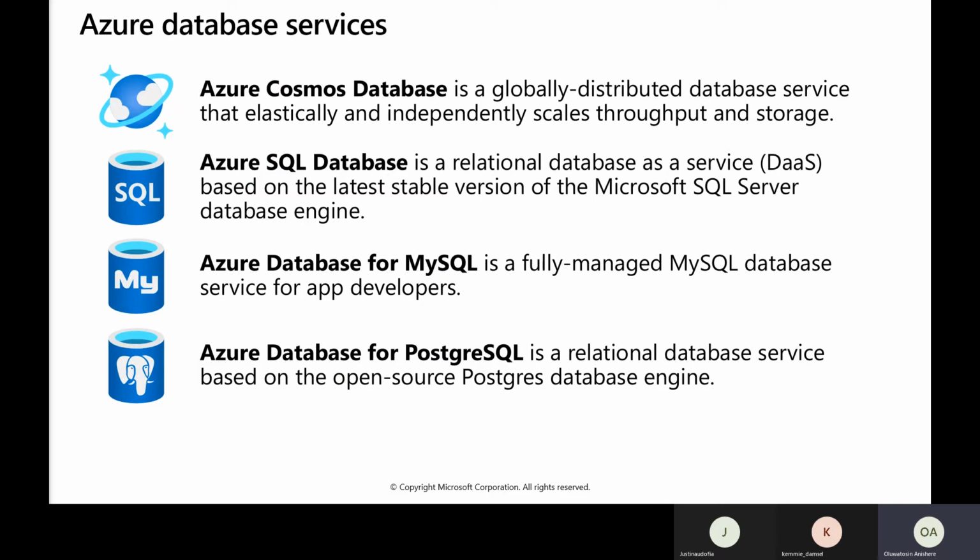Now for Azure Cosmos DB, this is actually a database service that is globally distributed, just like what we have here on the screen. So it allows you to manage your data even if that data is scattered, like it's in different locations throughout the world, or in different data centers. So with Azure Cosmos DB, you can manage this data across scattered data centers.